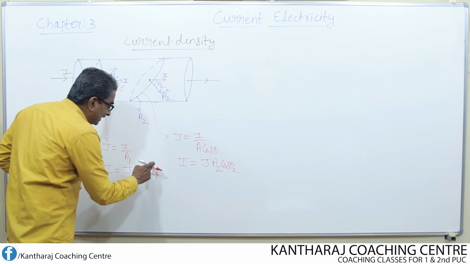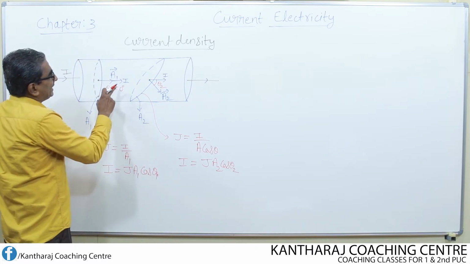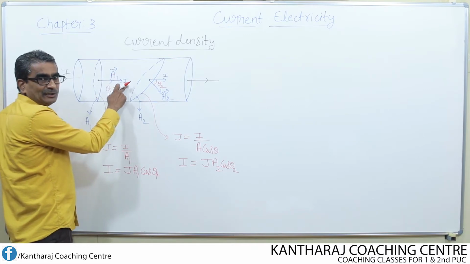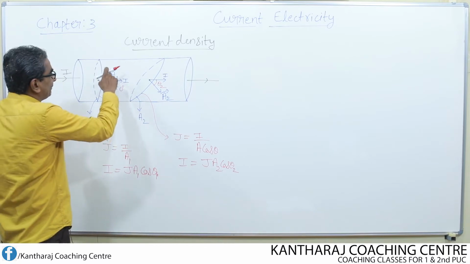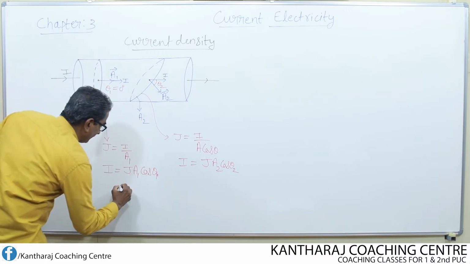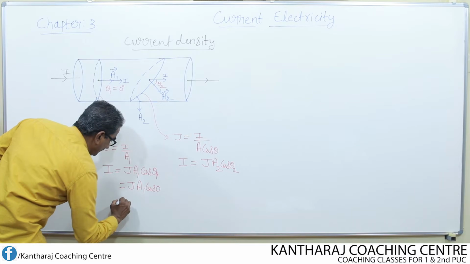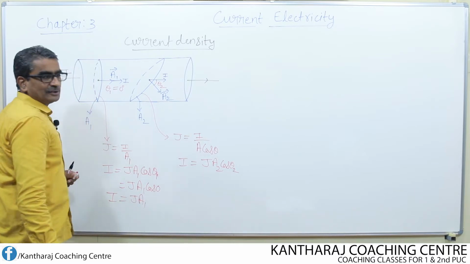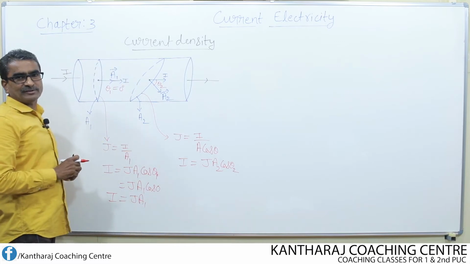But here cos theta 1 is 1. Why? Because the angle between the area vector and the current is equal to 0, as both are parallel to each other. When they are parallel, theta 1 is equal to 0. Then it becomes J into A1 into cos 0, that means J into A1. So this is the current flowing through this area of cross section.